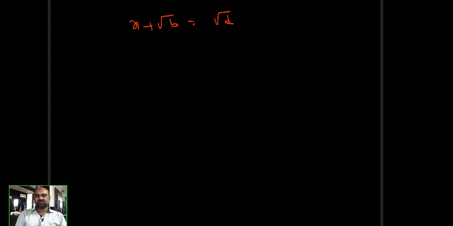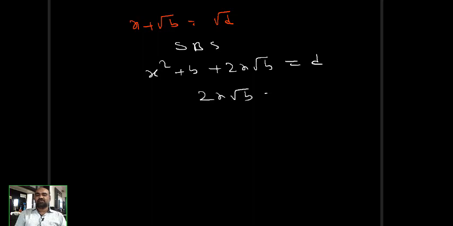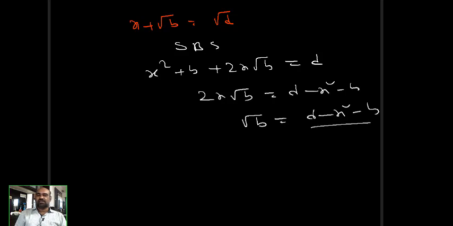Squaring, x square plus b plus 2x root b equal to d, or 2x root b equal to d minus x square minus b, or root b equal to (d minus x square minus b) by 2x.